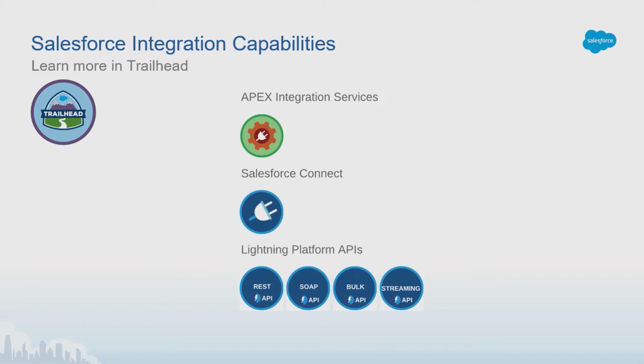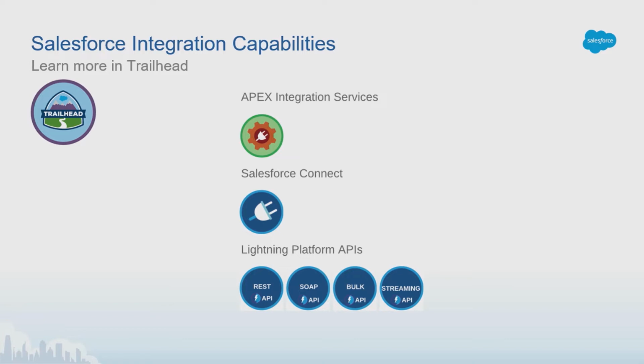Salesforce itself has many integration capabilities. As you can see, or hopefully you were able to see some demos earlier today, we have Apex integration services. We have Salesforce Connect, Lightning Platform APIs. If you look here, all the integration capabilities are around APIs, whether they're SOAP APIs or REST APIs, and also the backend systems need to have APIs.